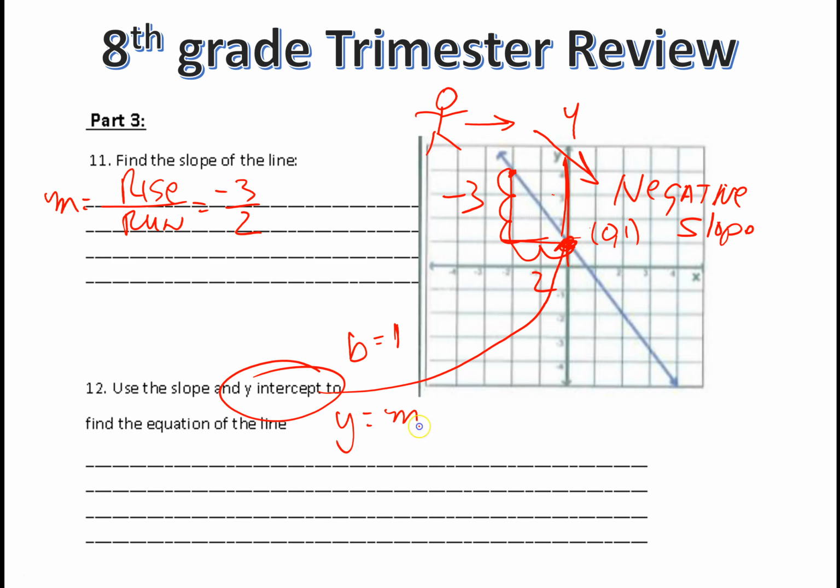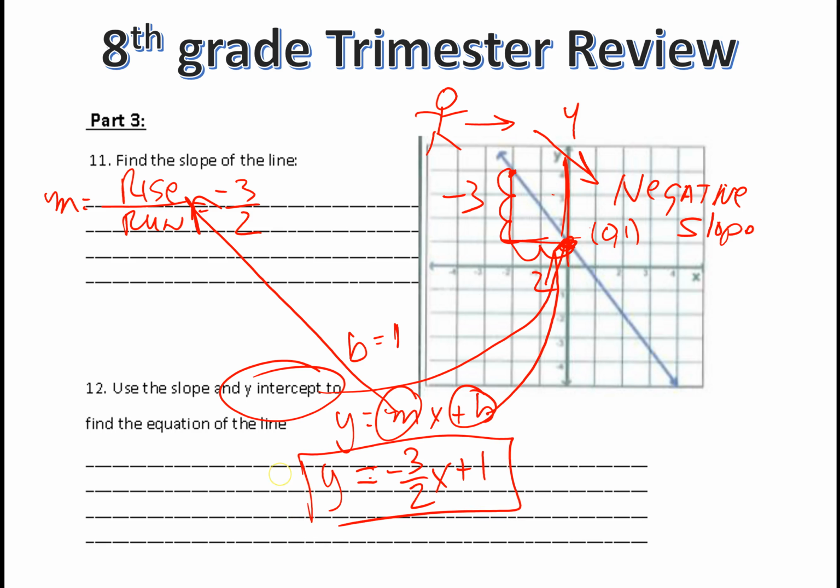Y equals slope times x plus the y-intercept. So my slope I got here, and my y-intercept I got here, plus 1. So that's my equation. Y is equal to slope times x plus the y-intercept. I'll stop right here and finish the rest on another video.